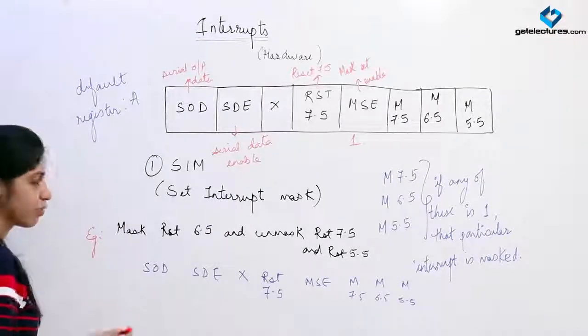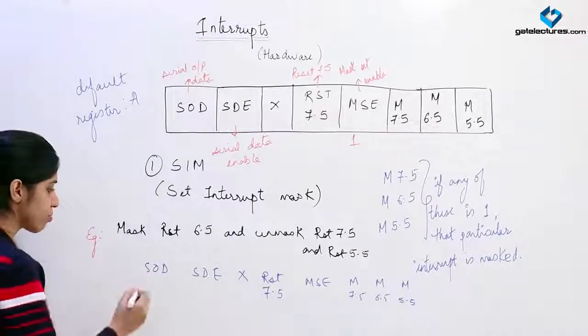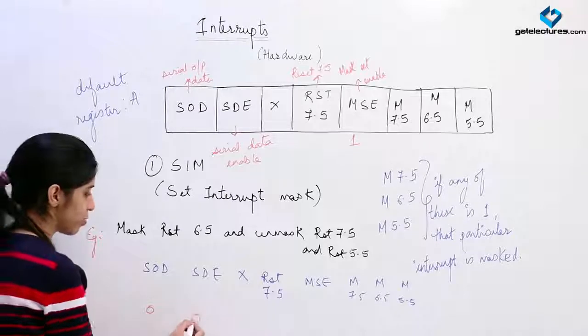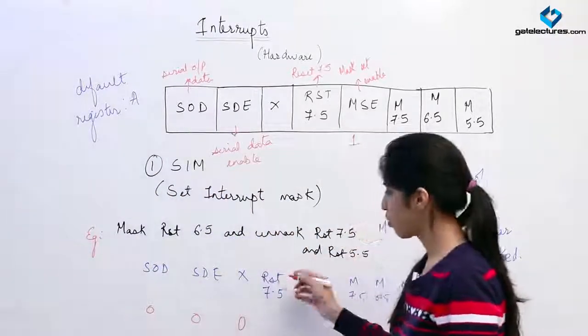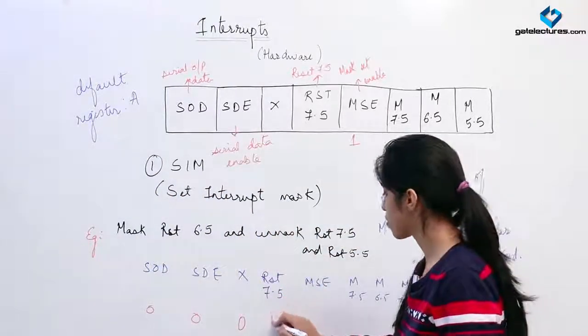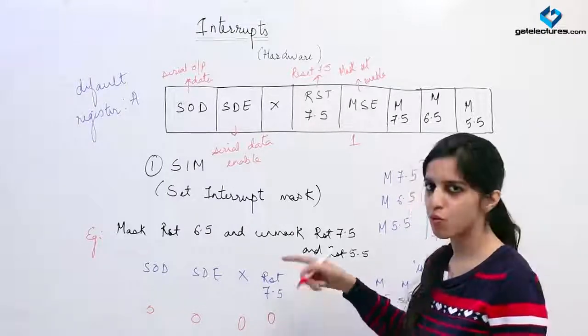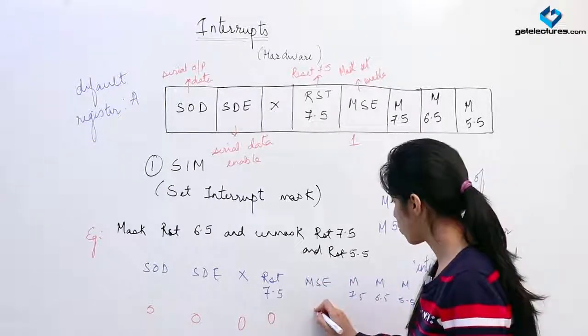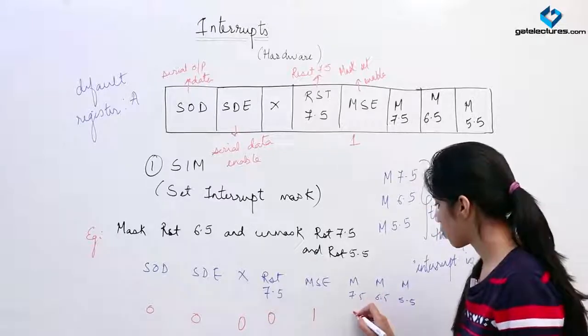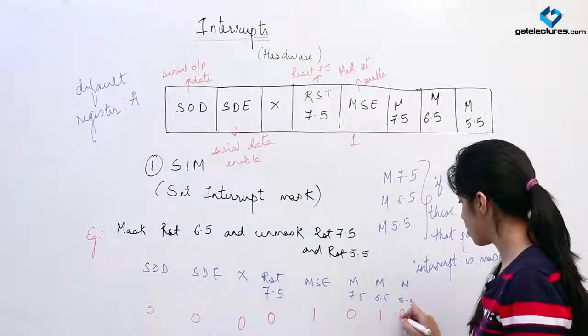Now just see, we're not interested in serial output data, so this is going to be 0. Serial data enable 0. Don't care 0. We do not want to reset the 7.5 flip-flop, so 0. We want to mask some of these, so this is going to be 1. We do not want to mask 7.5, so 0, 1, 0.